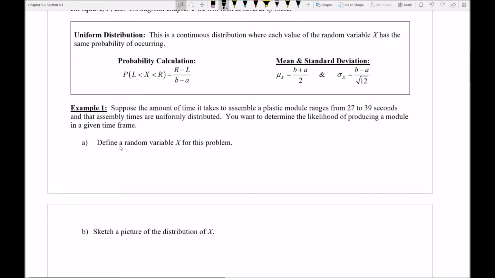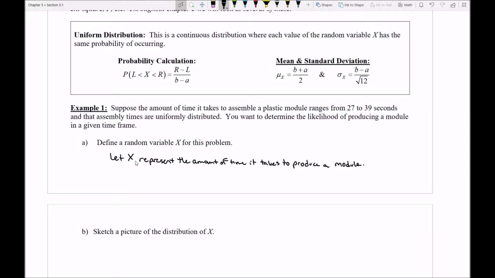So notice I'm going to start here right at the top of the formula sheet with, can I define what my random variable is? Well, my last sentence here really helps me out already. I can see that I could write something like this. How about we let x represent the amount of time it takes to produce a module.